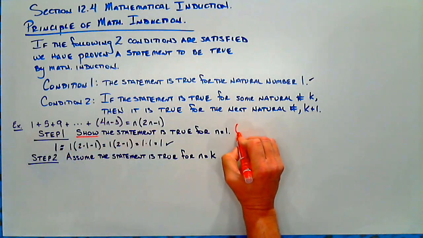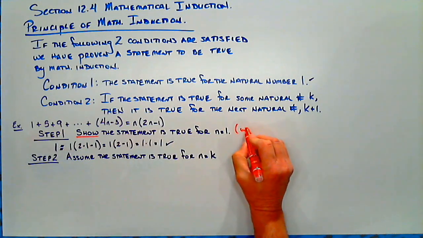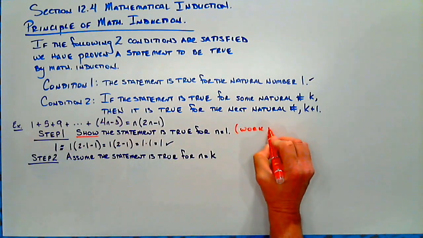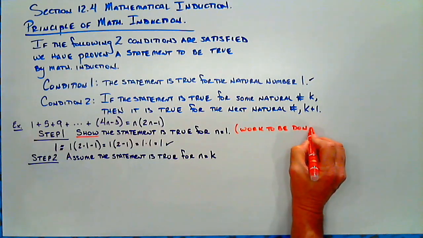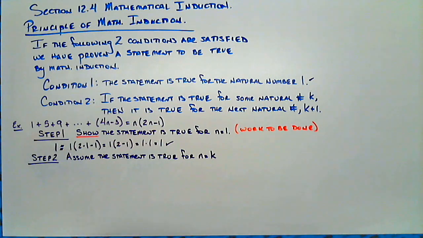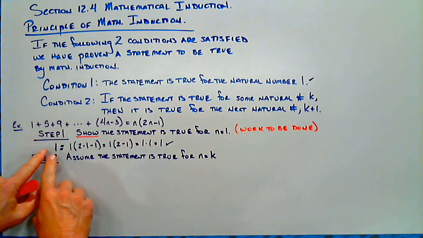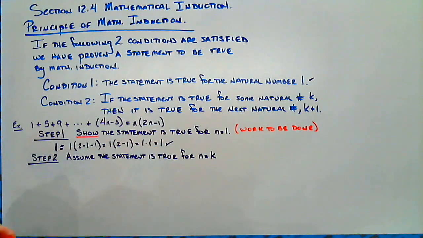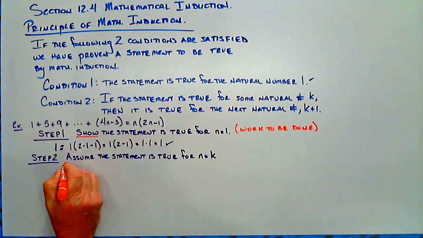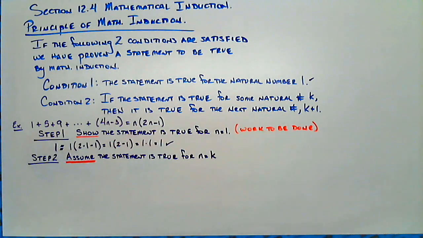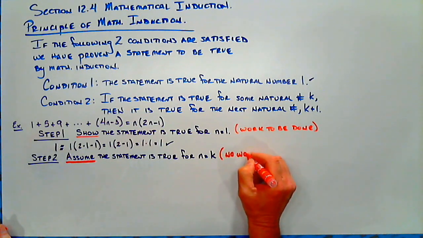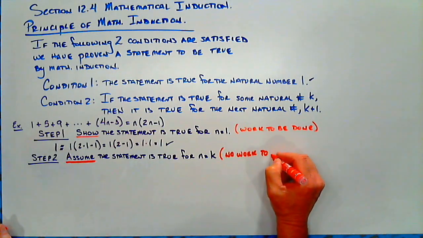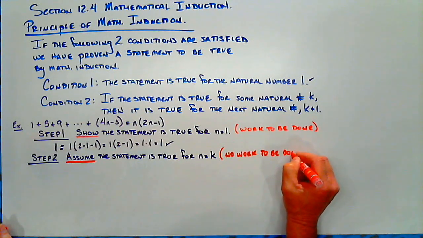That means step 1, there is work to be done. When we did step 1, there was work to be done. We had to show the left-hand side was equal to the right-hand side. Step 2, our verb here is not show. Our verb here is assume. That means in this step, there is no work to be done.